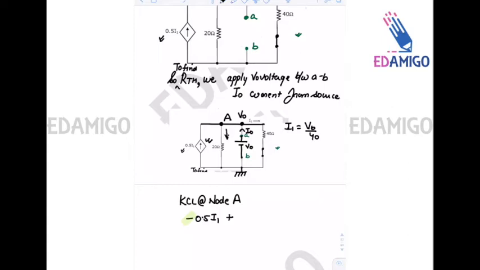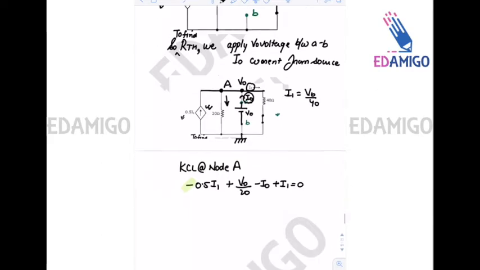One outgoing current is across the 20 ohm resistance, that is V0 by 20. There is one more incoming current, I0, so minus I0, and one more outgoing current, I1, so plus I1 is equal to 0.